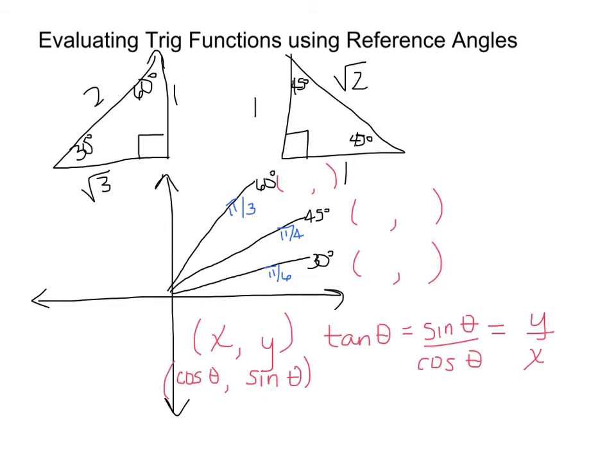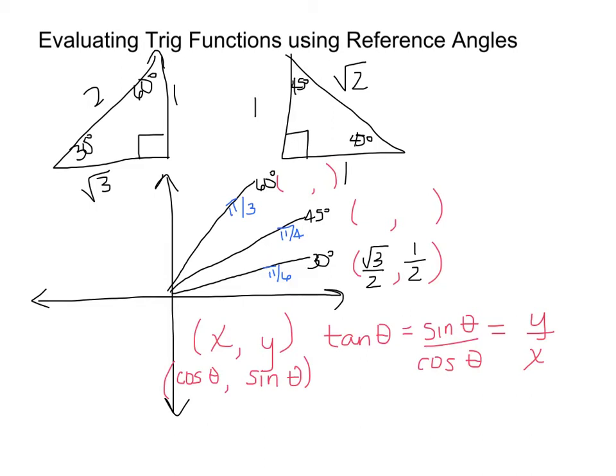So if we're talking about the 30 degrees, let's fill in that one first. You go to your 30-degree triangle and you find cosine of 30. So that would be adjacent over hypotenuse. So that's your x. And then sine of 30 is opposite over hypotenuse.